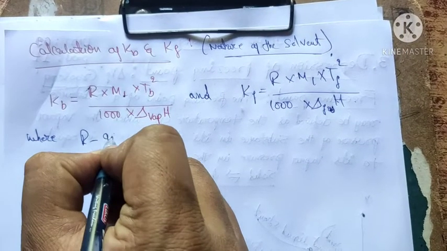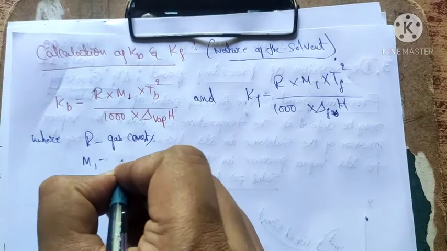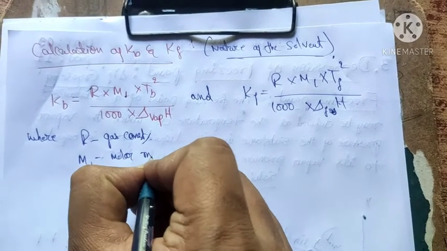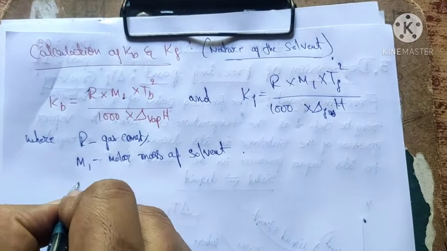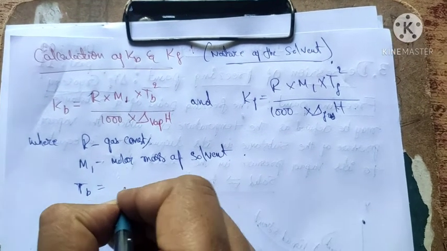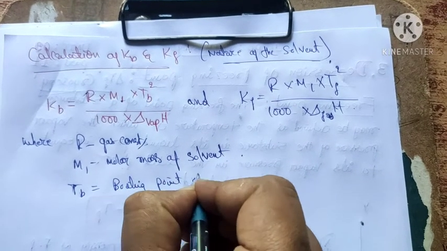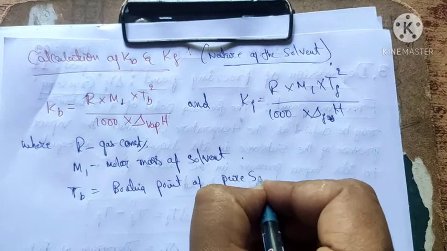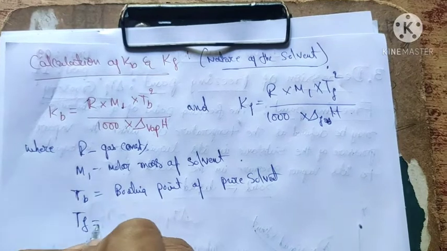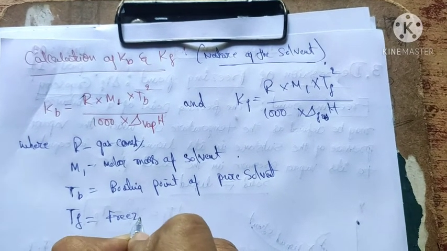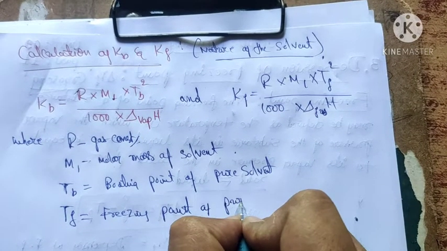Here R is the gas constant, M1 is the molar mass of the solvent, TB is the boiling point of the pure solvent, and TF is the freezing point of the pure solvent.